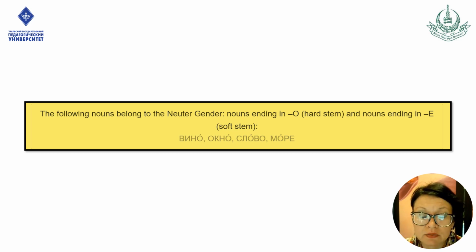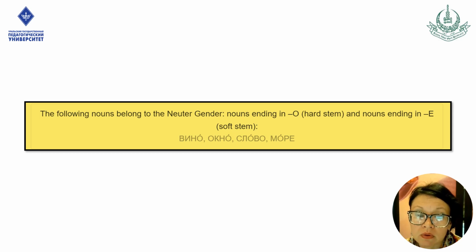So let us revise basic rules again. Zero ending or consonant hard stem ending corresponds to masculine gender. Plus soft sign ending, especially professions: учитель, водитель, телохранитель. So these are masculine gender nouns. Nouns ending in а correspond to feminine gender, and some nouns ending in soft sign also correspond to feminine gender.